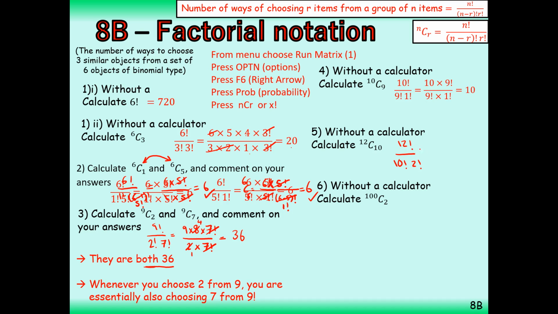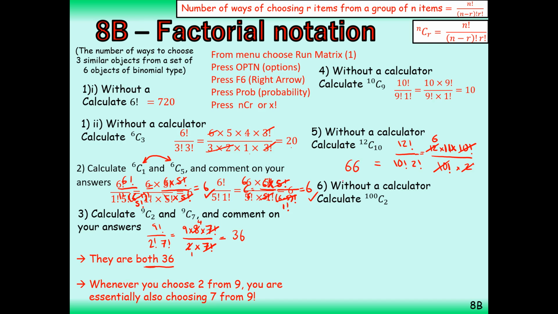Alright, so 12 factorial is 12 times 11 times, I say 11 or 10? No, times 10 factorial. And so the 10 factorial in the denominator cancels away with that. And we're left with the 2, which, 2 factorial is 2 times 1, which is still 2. So I divide the 12 by 2, I get 66.